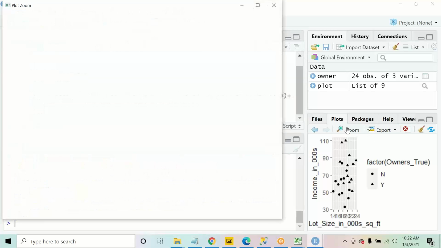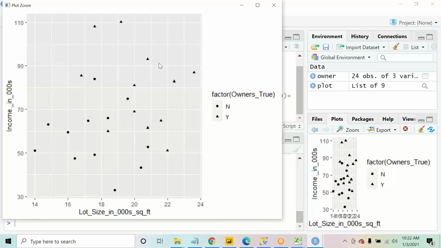Okay, so this is how the chart looks. So triangles are the owners and circles are the non-owners, right? So this is how you can visualize it.